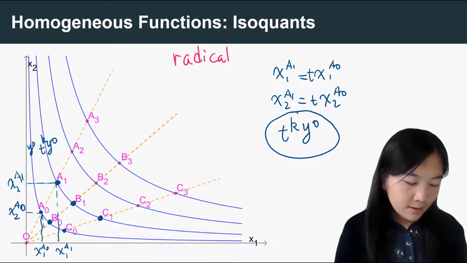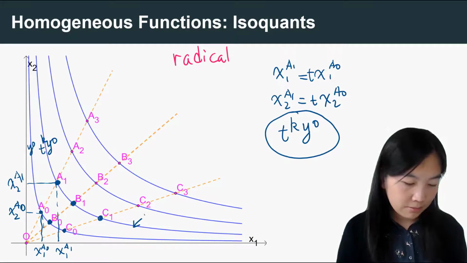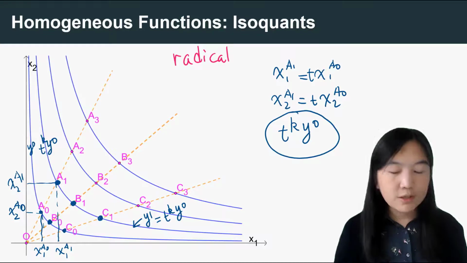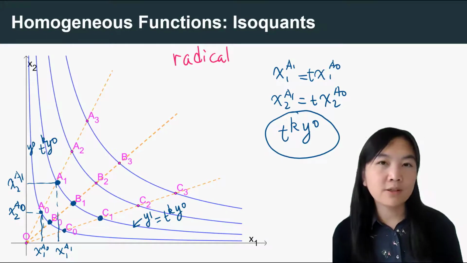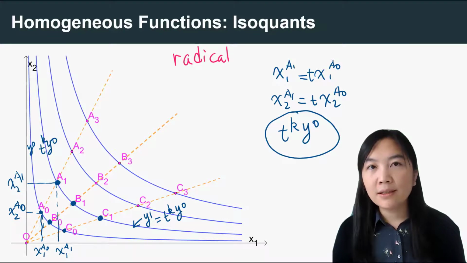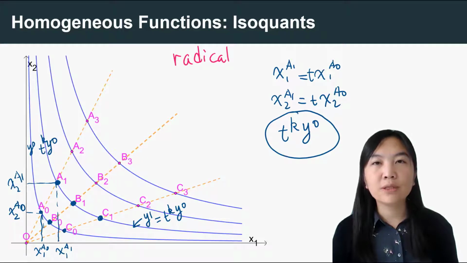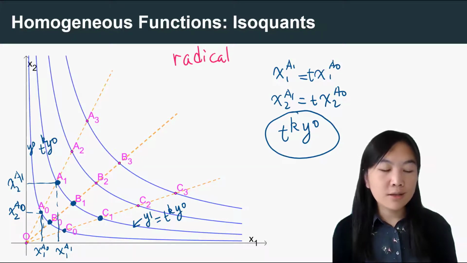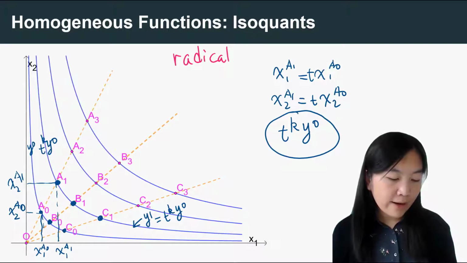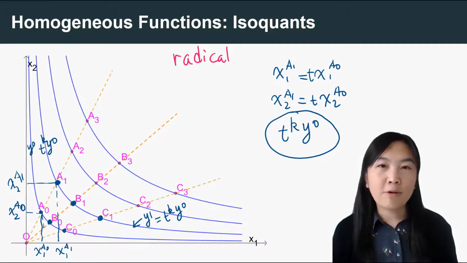So this second isoquant curve, let's call it y1, is equal to t to the k times y0. If you pick any point on the isoquant y0 and scale it by t, you end up at y1 equals t to the k times y0. That's saying that y1 is just a radial expansion of y0.